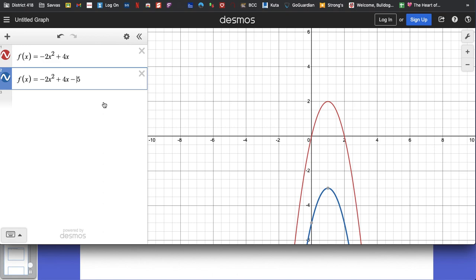So now that you have a Desmos window open, I'm fine if you're using Desmos as we move through here, because we're going to start graphing some things, and I gave you graphs on your paper that you should be able to use. I'm perfectly fine with using Desmos as we graph these things, but you do need to be able to graph these on paper as we move forward.